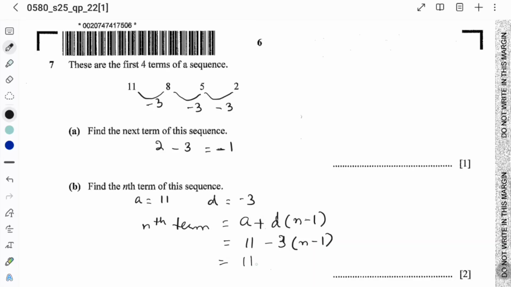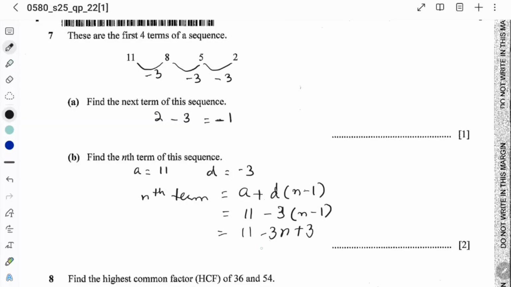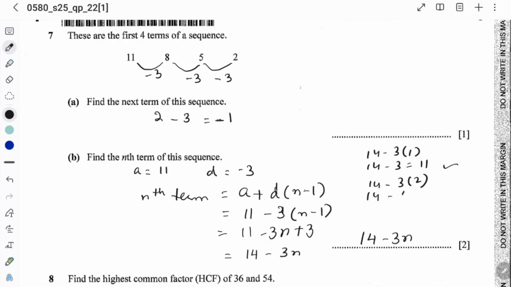Okay, 11 minus 3n plus 3. So 11 and plus 3 will become 14. 14 minus 3n is the nth term of the sequence, and you can substitute the number and try to find out, like 14 minus 3 times 1. 14 minus 3 is 11, which is the first term. 14 minus 3 times 2, 14 minus 6 is equal to 8, which is the second term. So it means that it is correct.